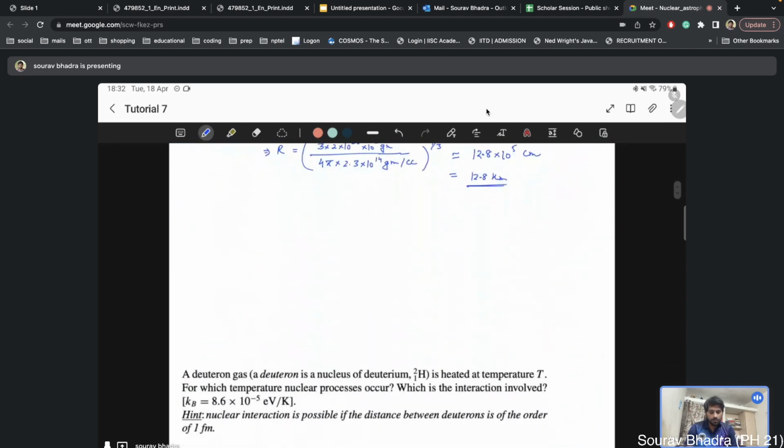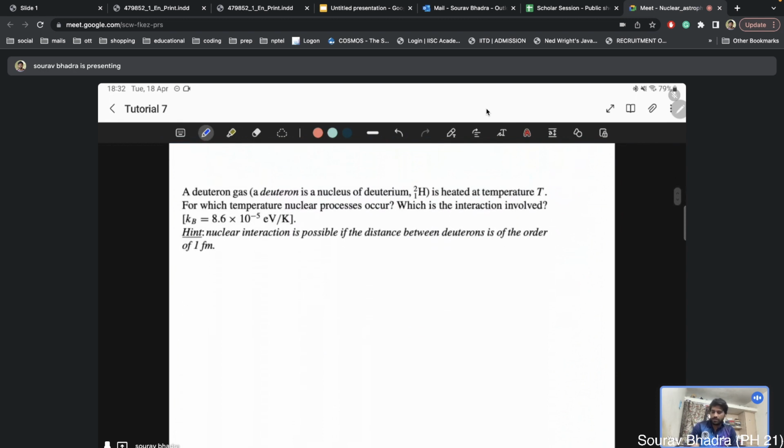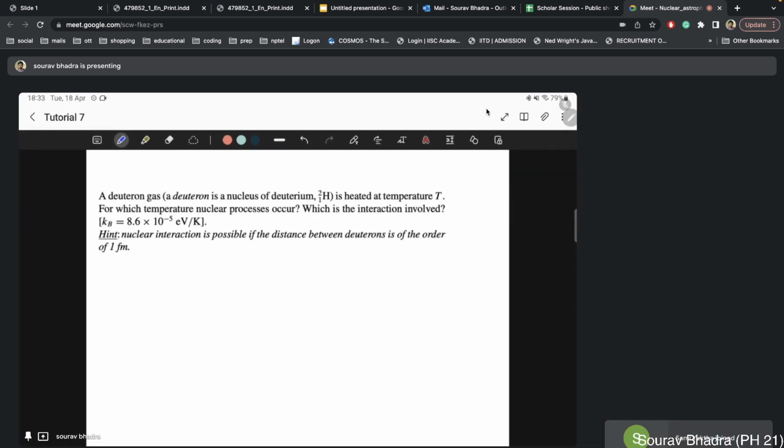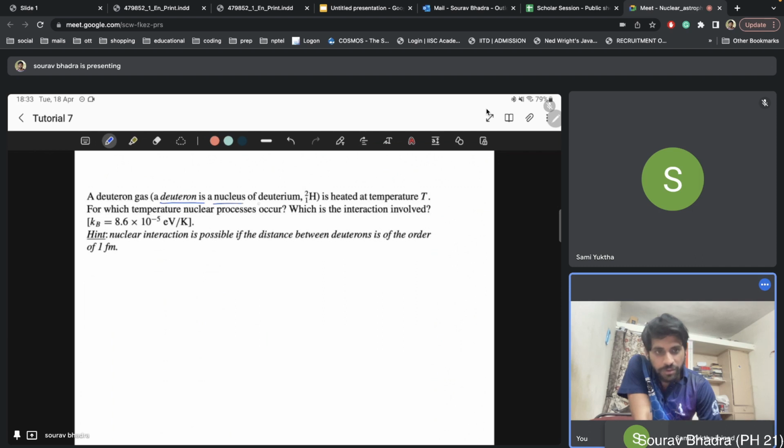Now we will go to the third problem. All these problems are from that book. A deuteron gas, that means deuteron nucleus, mainly 1H2, is heated at temperature T, and you have to calculate for which temperature a nuclear process occurs.